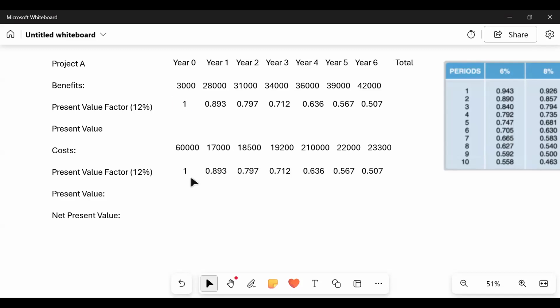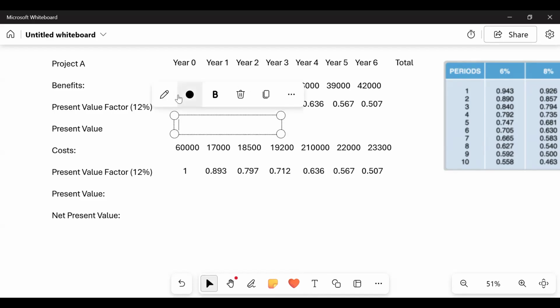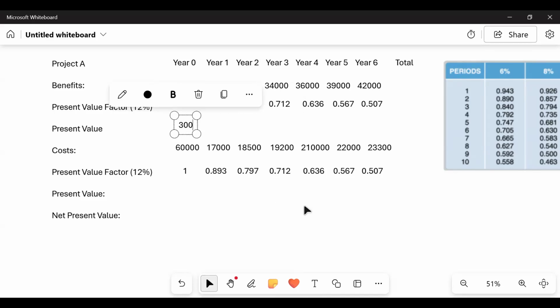Now you have to multiply. For the current year, the benefit is 3,000. If you multiply with the present value factor of 1, no change, you will get 3,000. Now multiply 28,000 with 0.893.